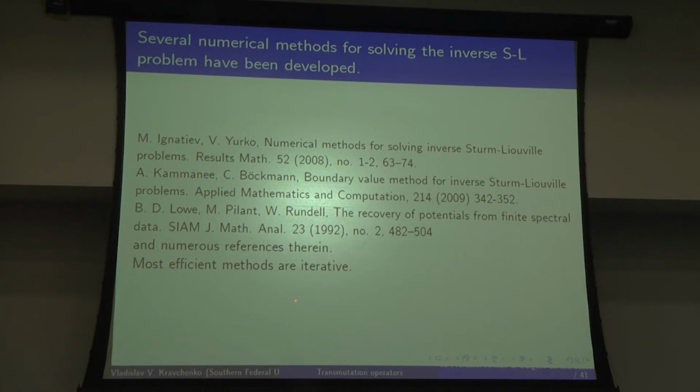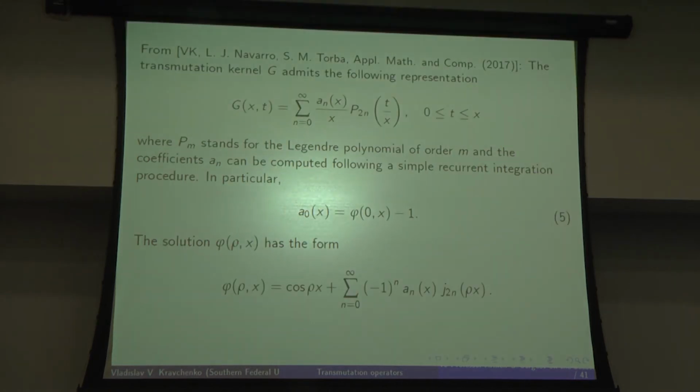You make a first guess, then a second, and so on, and successively approximate Q, h small, and h capital. The method which I show you now is a direct method. You reduce the whole problem to a system of linear algebraic equations. This is done in a few steps. First of all, we take this representation of the kernel G.